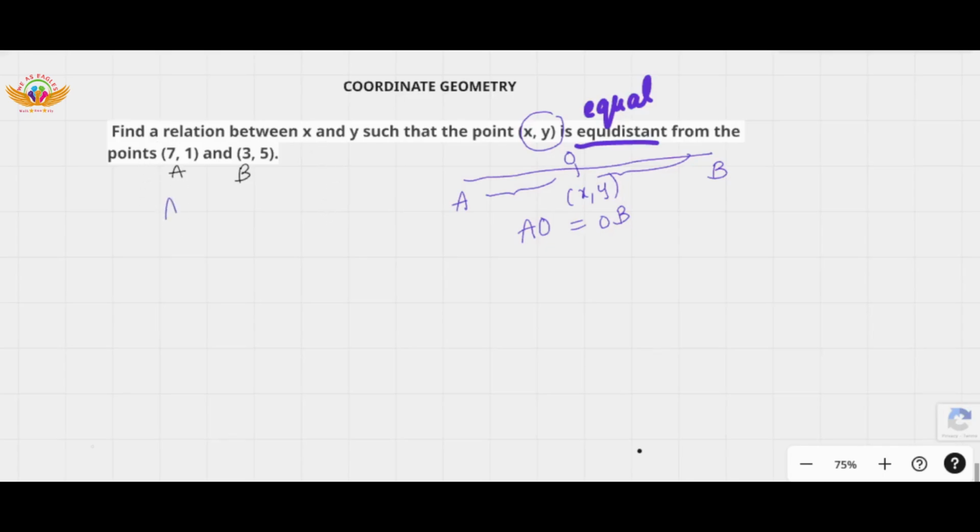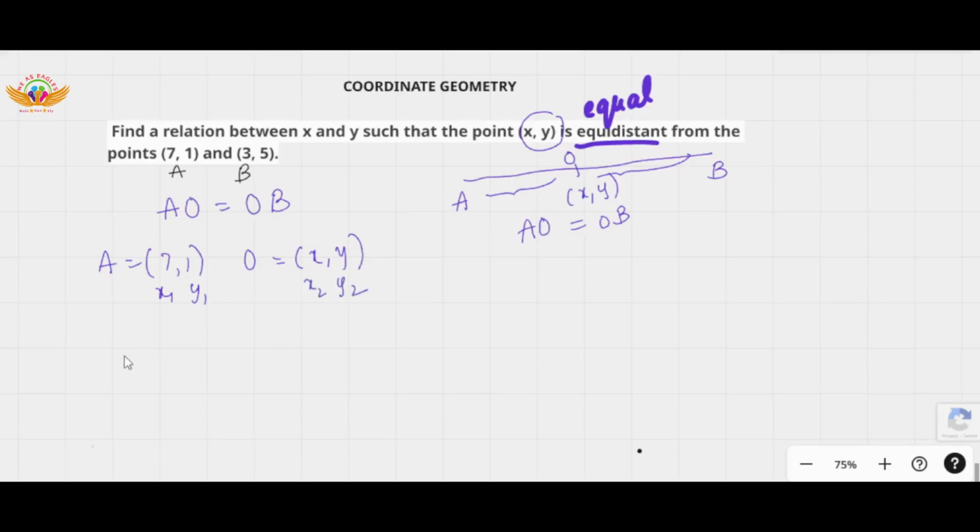Alright. So AO is equal to OB. Just write out the points. A is 7 comma 1 and O is x comma y. So this is x1 y1 and this is x2 y2.